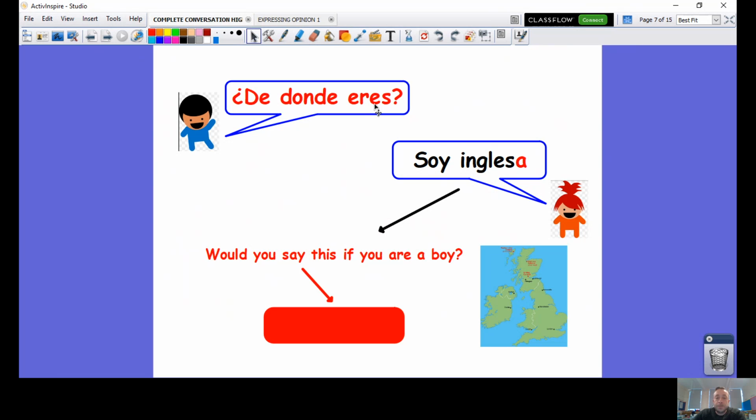Where are you from? And she says, I am English. But she says inglesa. What would you say if you were a boy? Would you say soy inglesa? No, you wouldn't. You would say soy inglés.